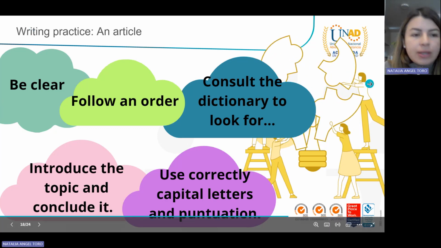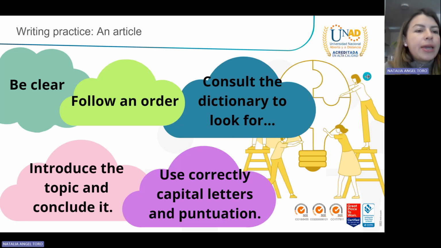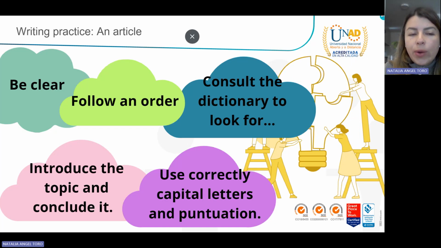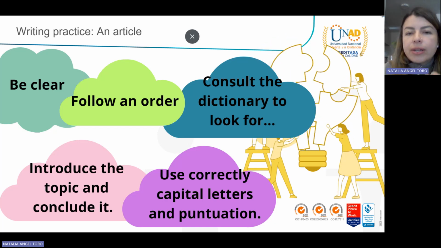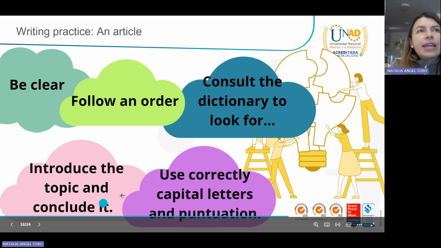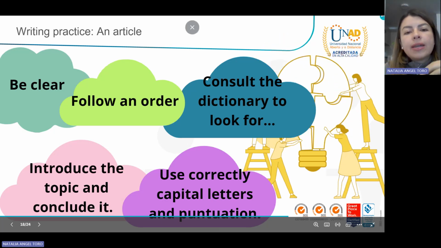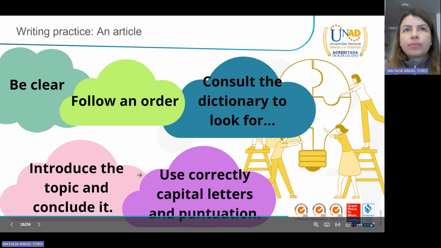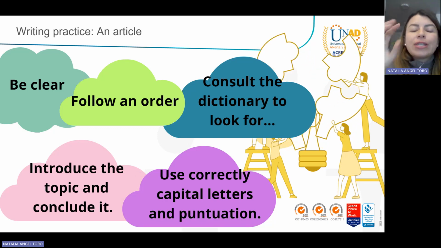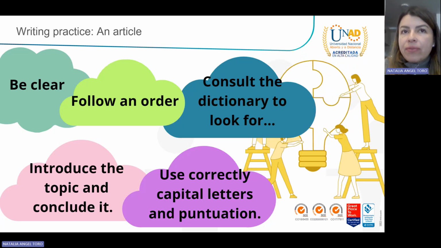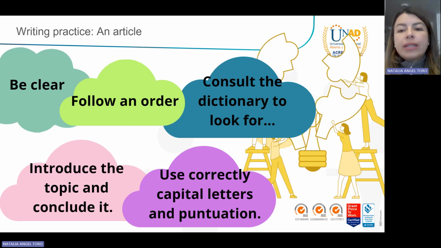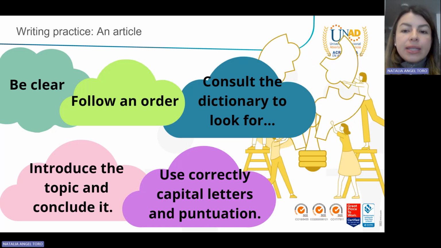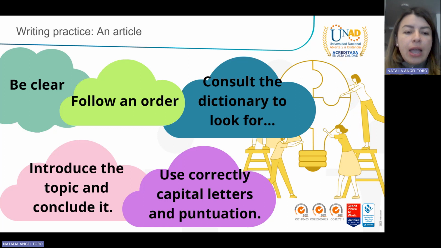So yes, in addition, it's better if we are clear when we are writing and follow an order. So for example, if they are asking me to write 5 paragraphs, I should look for the main idea for every paragraph, and also consult the dictionary to look for the correct word, the correct spelling, even if it's in Spanish.